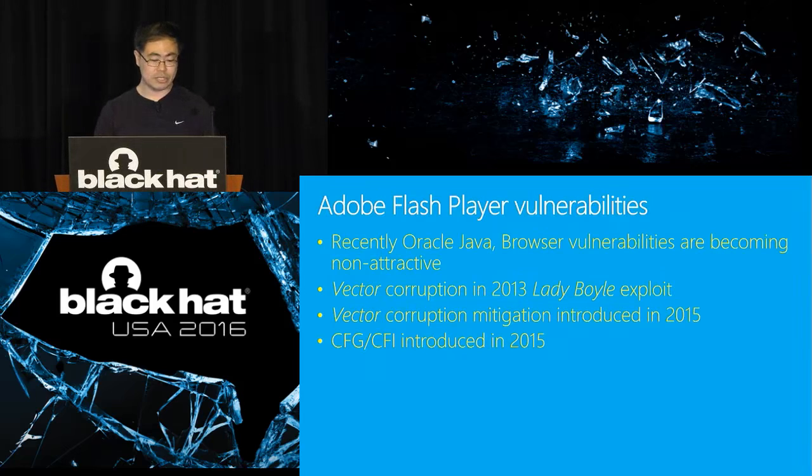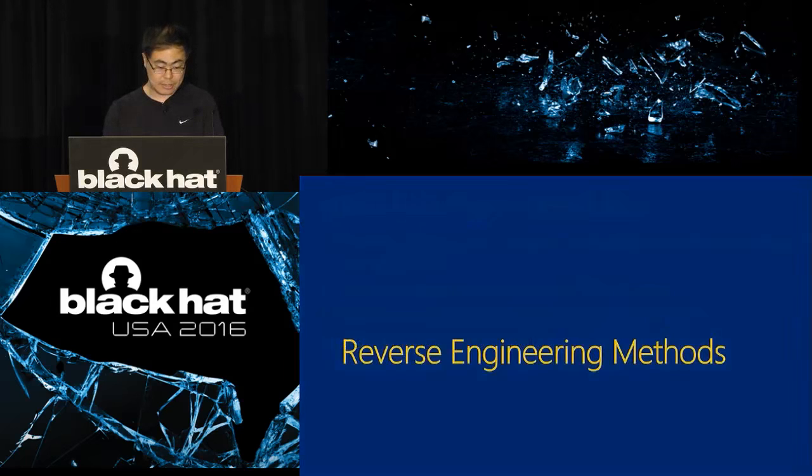Every exploit since then until mid 2015 or so used this method, a very effective way to exploit Flash vulnerabilities. But in 2015, Adobe made a lot of effort to introduce new mitigations, and vector corruption mitigation is one of them. After that, they introduced CFG, and it broke a lot of exploit methods.